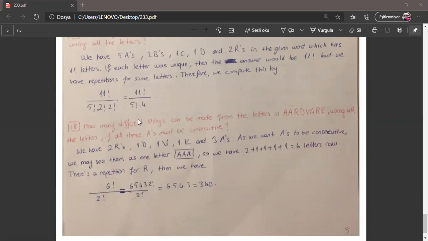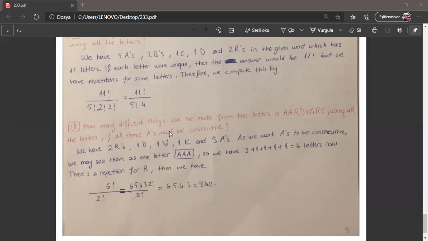Now again, we want to compute the number of strings which can be made by the letters of this word. We again use all letters, but our condition here is this. We want all 3 A's to be consecutive.